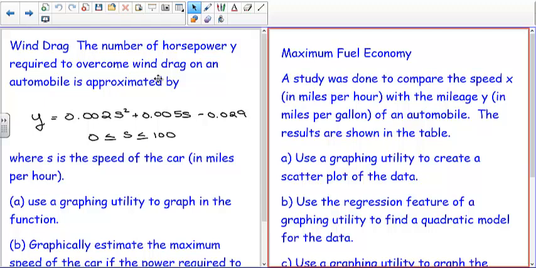So it's a quadratic function, so it's going to increase, but it increases more as you get higher speed.